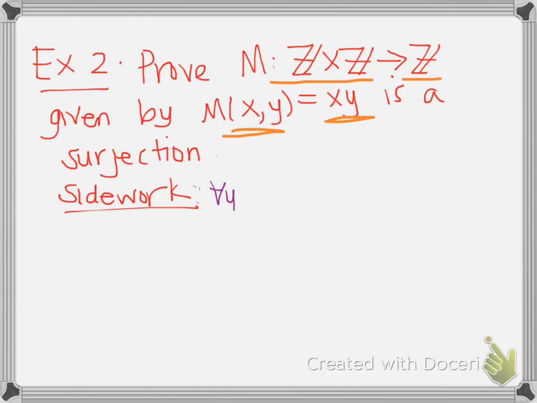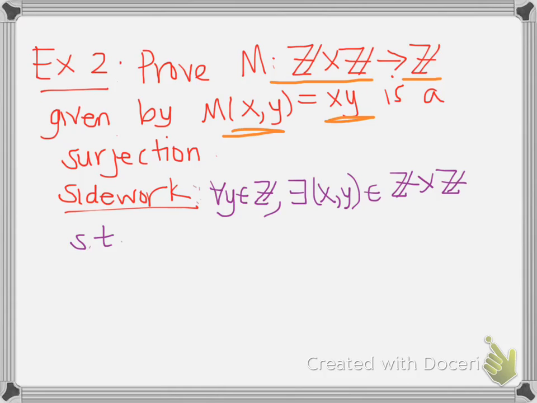So, for all y belonging to Z, there exists an ordered pair (x,y) belonging to Z cross Z such that M of (x,y) equals y. Okay, so again, that's just by the definition of a surjection. That's what we're trying to prove.